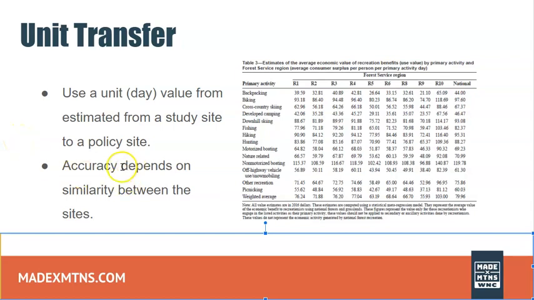So since accuracy of these transferred estimates depends on the similarity between the sites, you would choose the Forest Service region that matches up to the policy site.